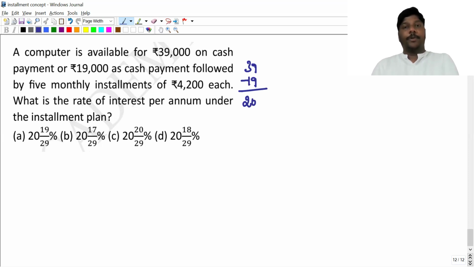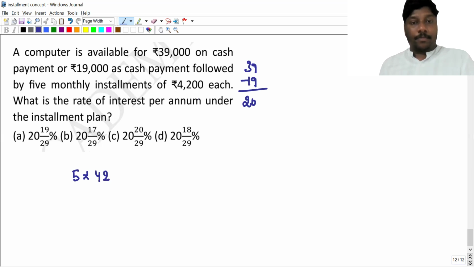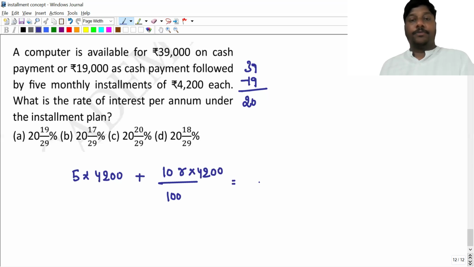Your principal is only 20,000 and your 5 installments are 4200 each, so 5 into 4200, plus the interest. Take it as 5 installments, each year R% interest, into I means 4200 is equal to your principal 20,000.